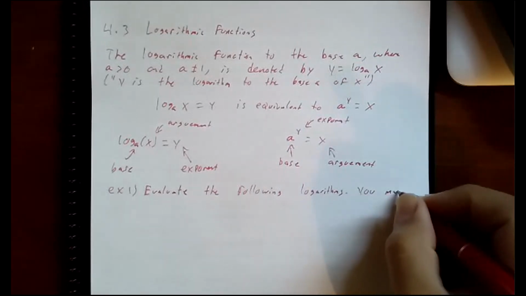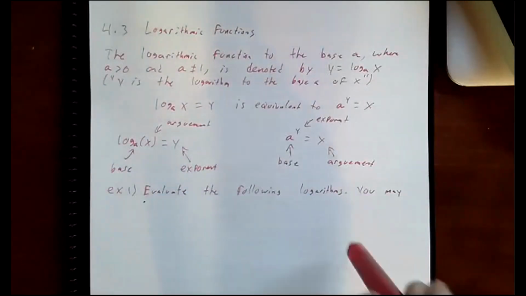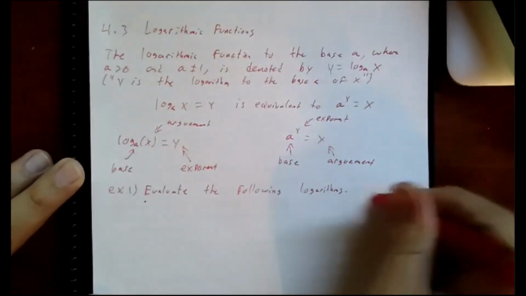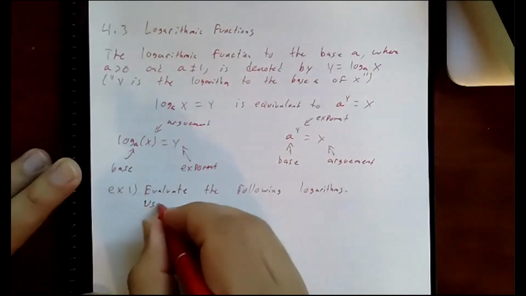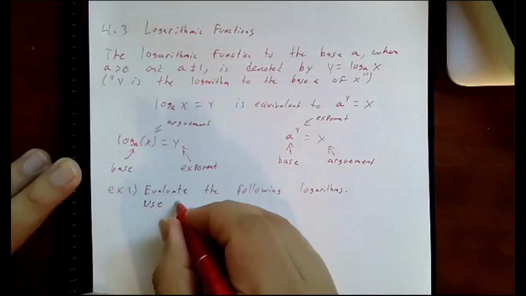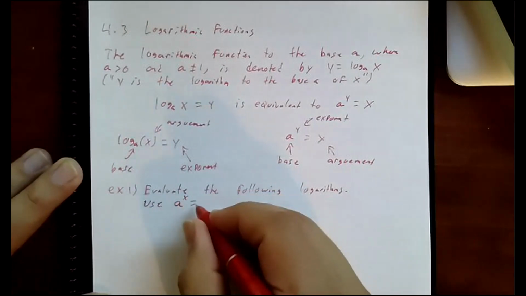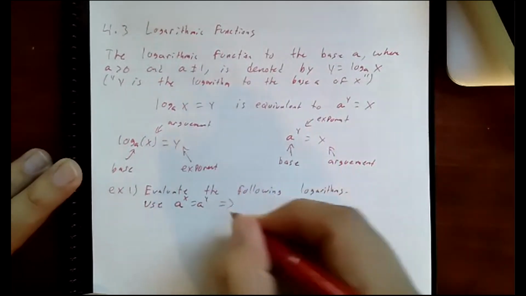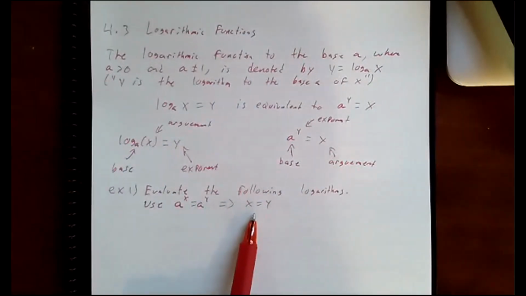You may need to use this property from exponents: a to the x is equal to a to the y, which implies that x is equal to y. So if you have this equation, then that means the exponents have to be equal to each other. Okay, so that might come up.